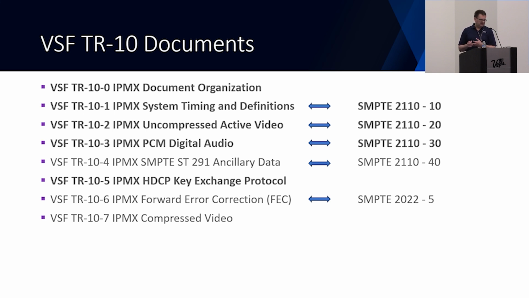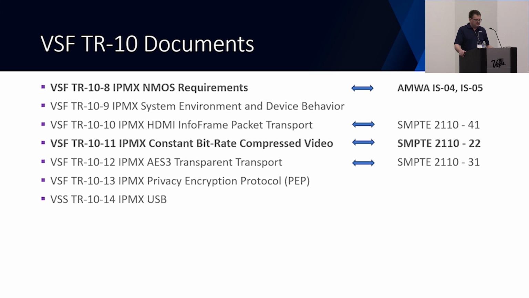We have TR-10-7 for video compression, and also TR-10-11. One is for constant bitrate codec, one for variable bitrate codec. TR-10-8 is the NMOS requirements, so the basics that need to be supported to be IPMX compliant.